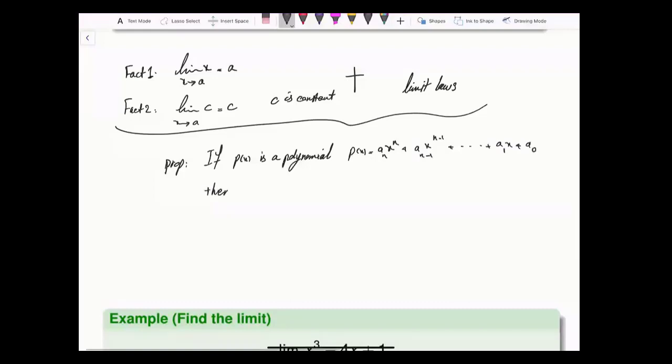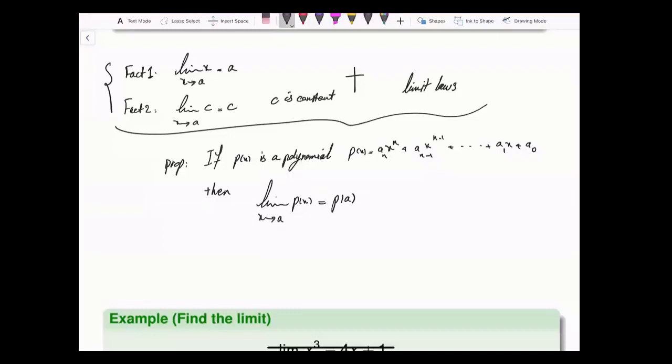Then you can combine these two facts and the limit laws, and as a result, the limit of p(x), any polynomial, as x goes to a, would be the same thing as evaluating that polynomial.